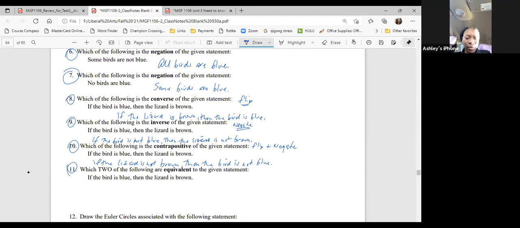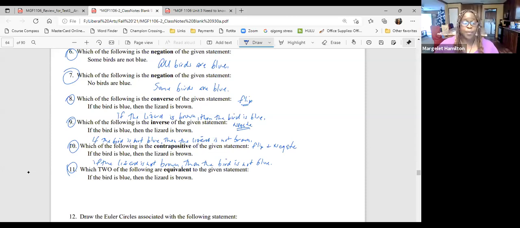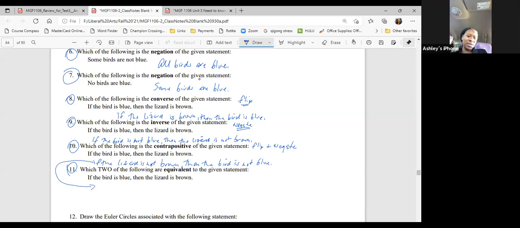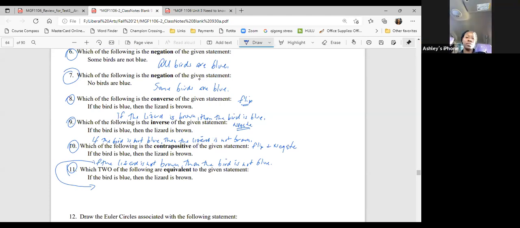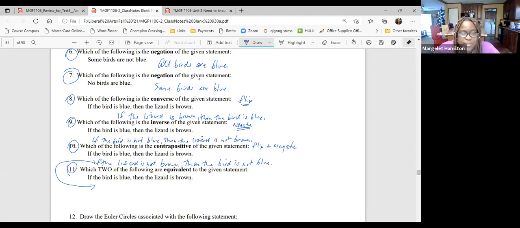Does everybody see it? Yes, ma'am. Okay, so I'm going to cheat and just draw an arrow. It's not working, so I have to rewrite it. Is everybody okay? So remember, that's the contrapositive. So the contrapositive statement is equivalent to that one.